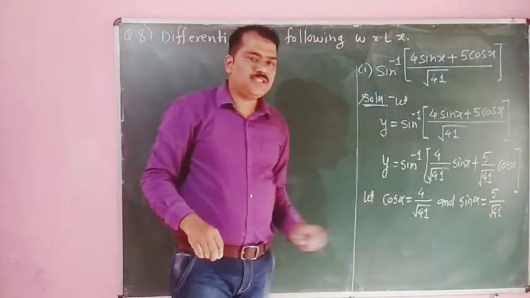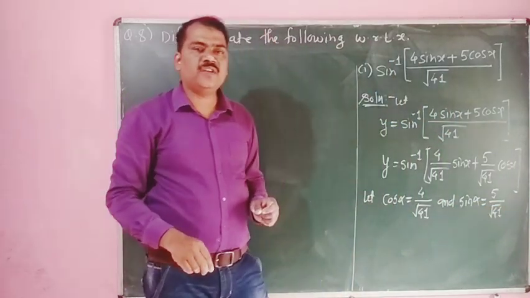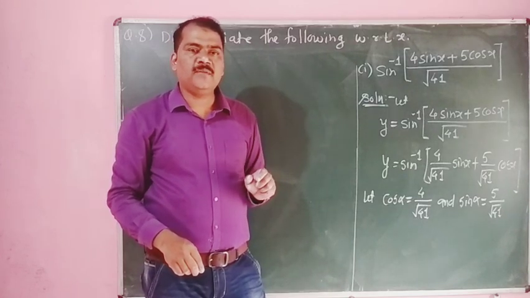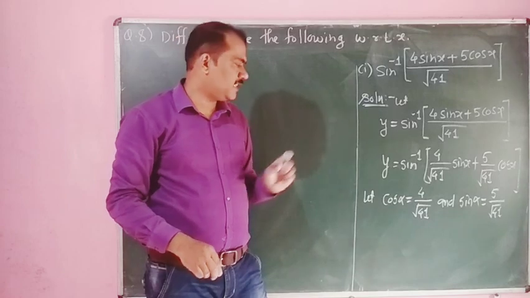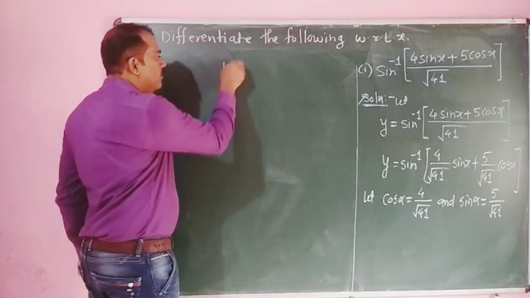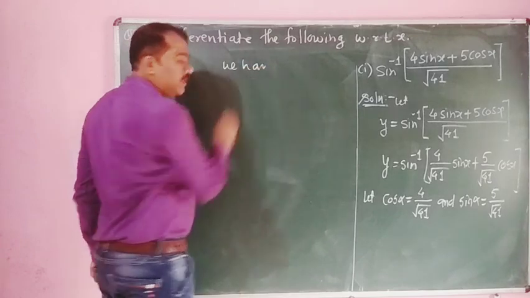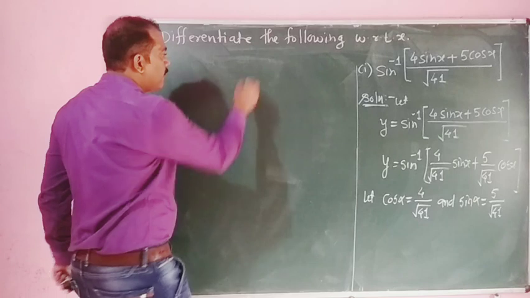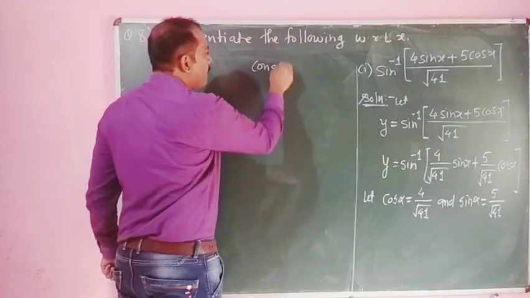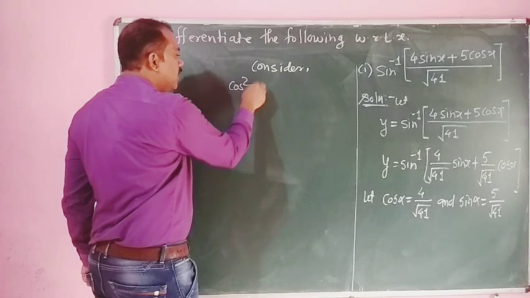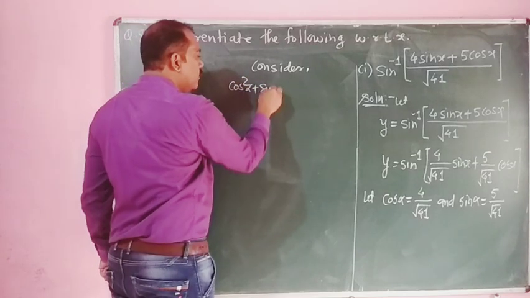First of all, we have to check whether the relation cos square theta plus sin square theta is equal to 1 for every theta belonging to the set of real numbers is satisfied or not. So we consider cos square alpha plus sin square alpha.